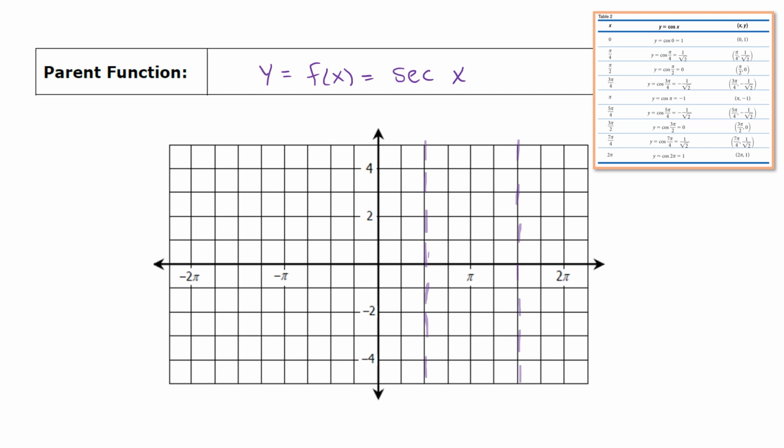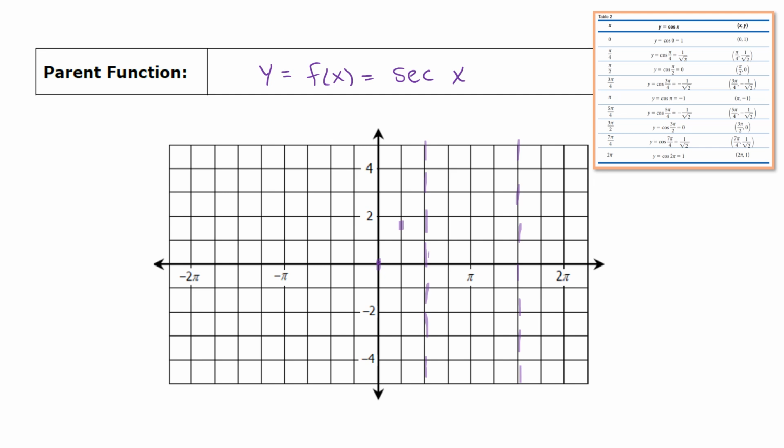Okay. So let's plot. So we have 1 for cosine, so the reciprocal is 1. Okay. Then we have square root 2 over 2, which is 1.4, almost 1.5. Then we have an asymptote.